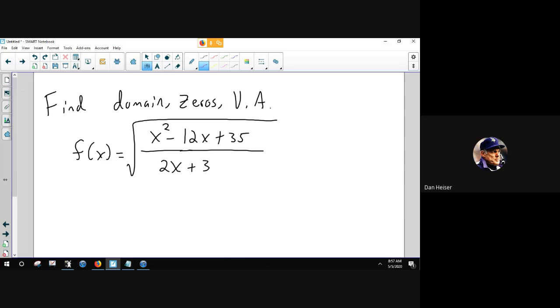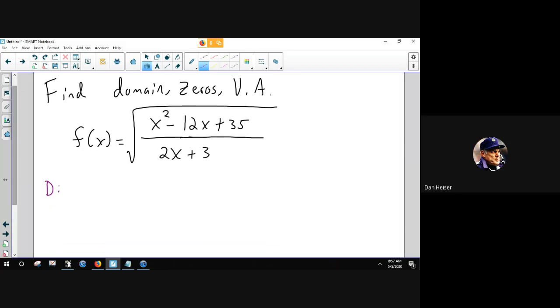Find the domain, the zeros, the vertical asymptotes. So the domain. Because I took that squared away, now we have a potential problem. Our denominator has to be non-zero. And because it's in a square root, it also has to be positive.